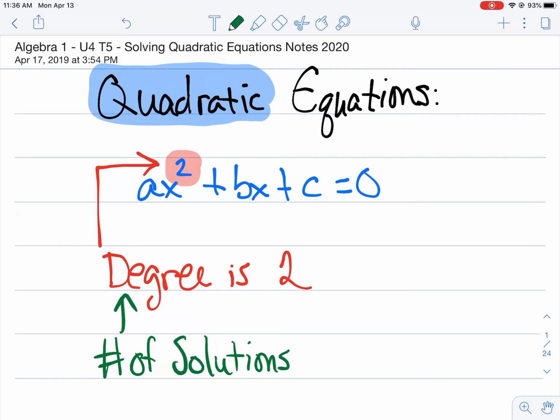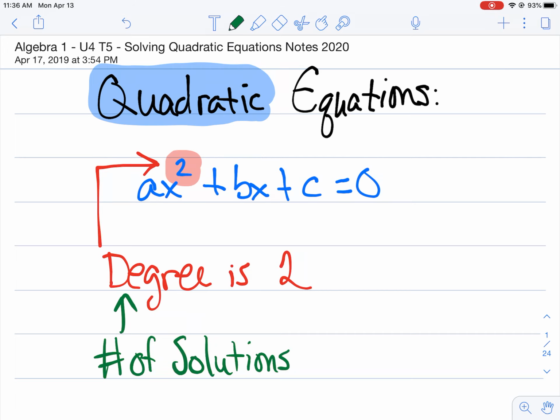In its simplest form, it says an equation of the nth degree has n solutions. So an equation of the second degree has 2 solutions. We'll know right away how many solutions to expect because we can see the degree of our polynomial. So quadratic equations, degree of 2, we should be expecting 2 solutions.